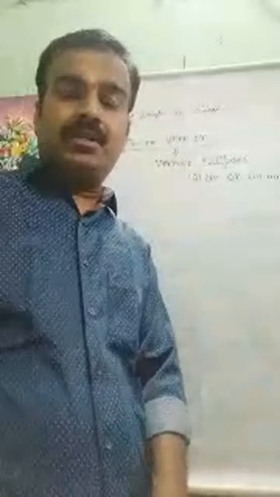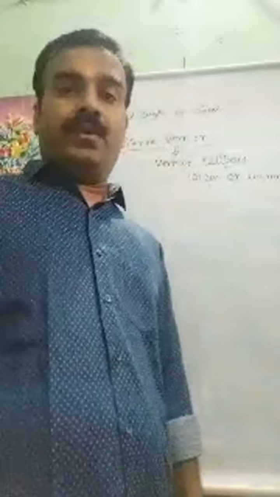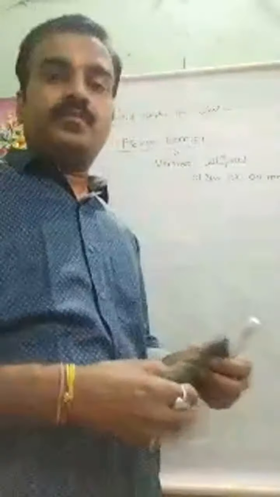That means by the use of the Vernier calipers we can find out the corrected length up to 0.01 centimeter or 0.1 millimeter. Now come to the construction, how it will work, and what is the major part of the Vernier calipers.